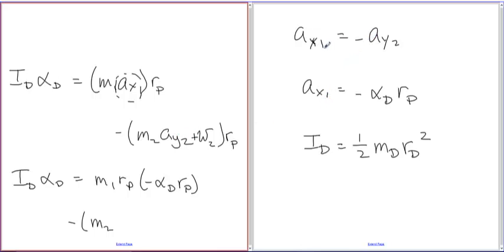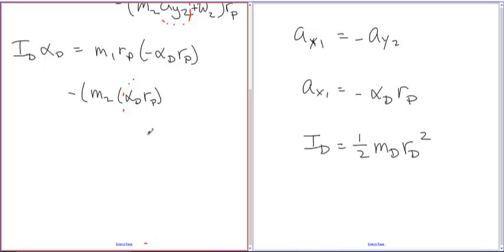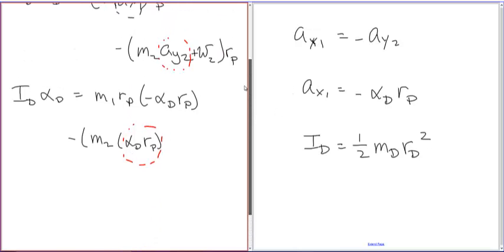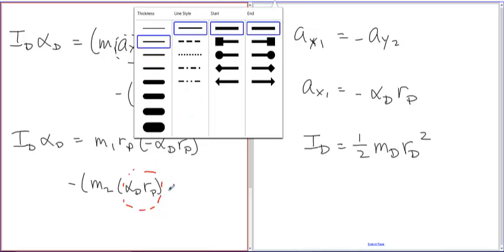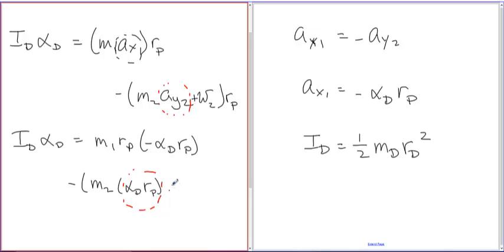So a sub y2 is negative a sub x1. So instead of negative alpha of the disk, it's just going to be positive alpha for the disk times radius of the pulley. So what I'm doing there is I'm substituting for this. Okay, and then I've got one more. Then I've got plus W2 times R for the pulley.